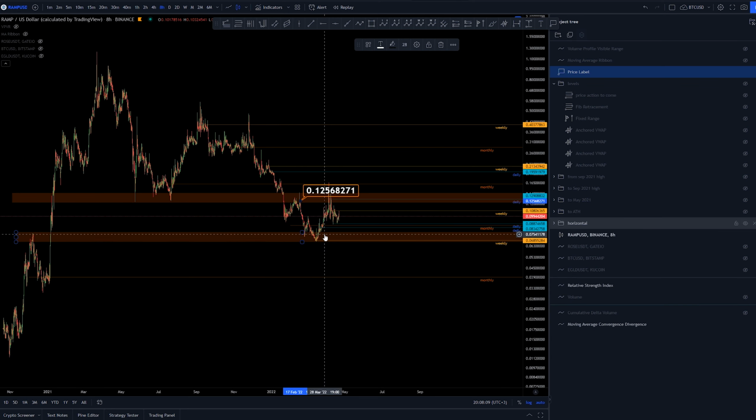So as you see, the golden pocket hit perfectly with the 1.618 target. This even gives us more confidence around this area that this could be a bottom.